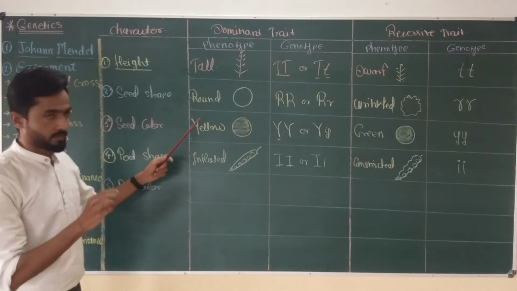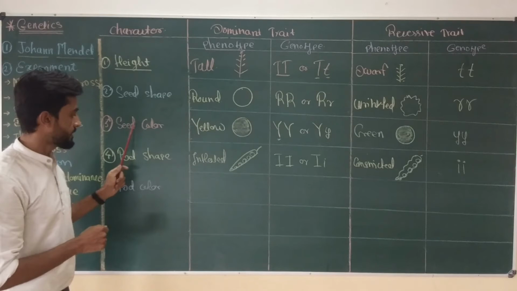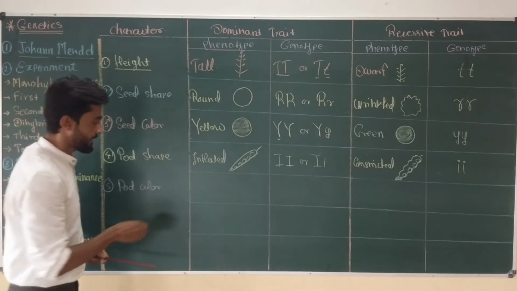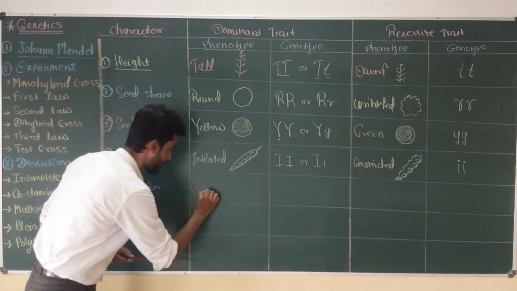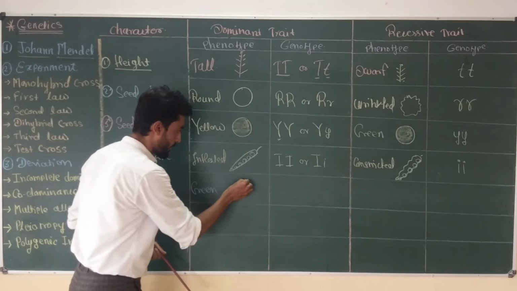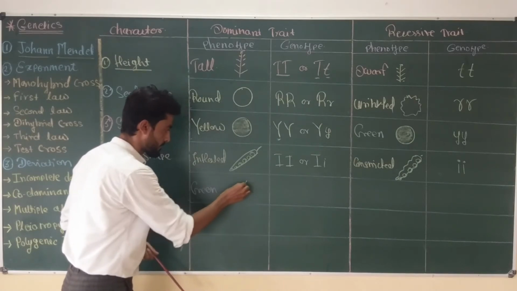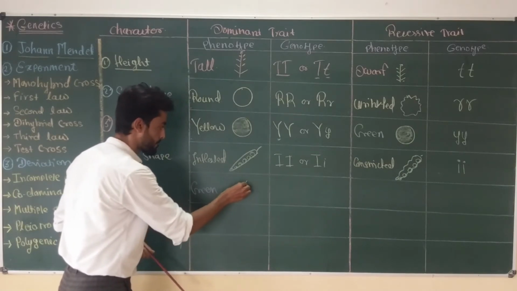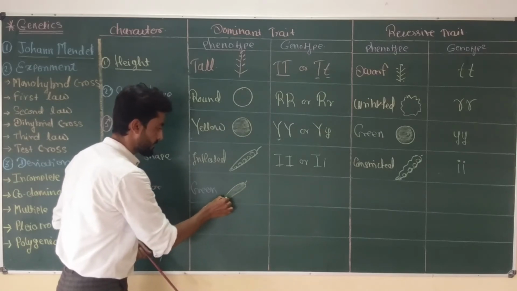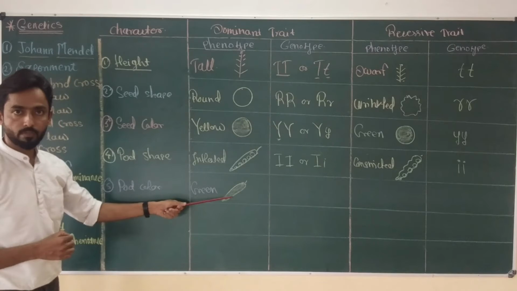It is quite opposite to that of the seed color. The dominant trait of pod color is green. That means if the pod has green color, in that case you can say this is the dominating character.